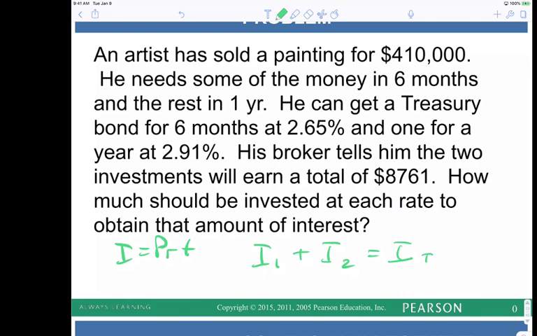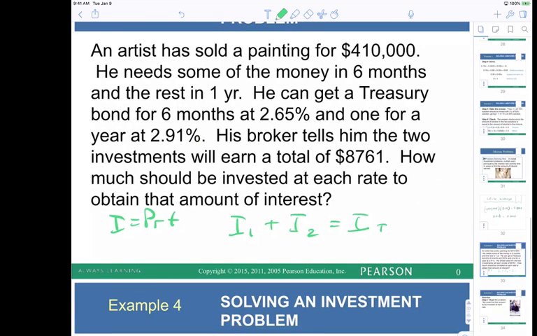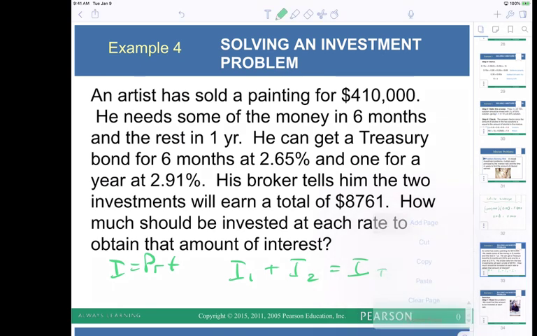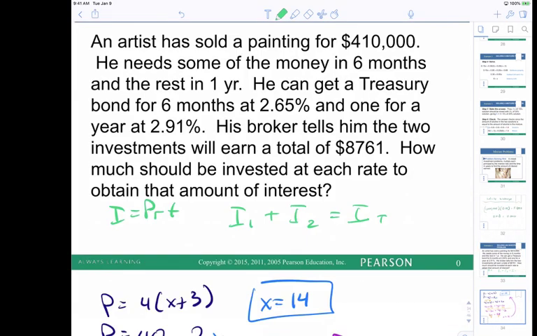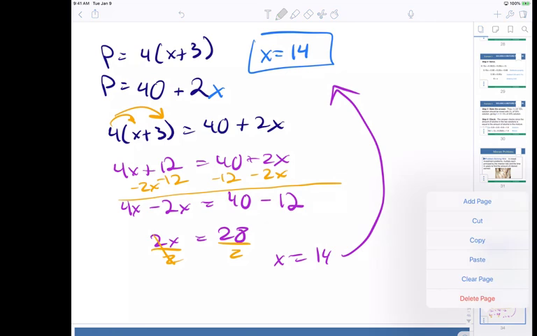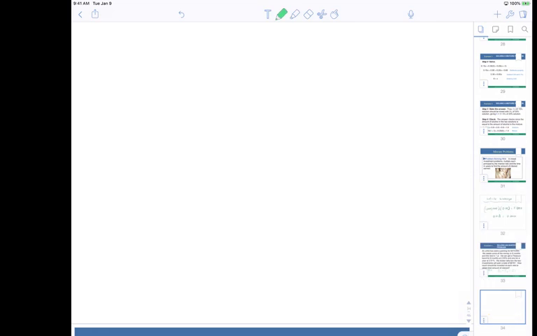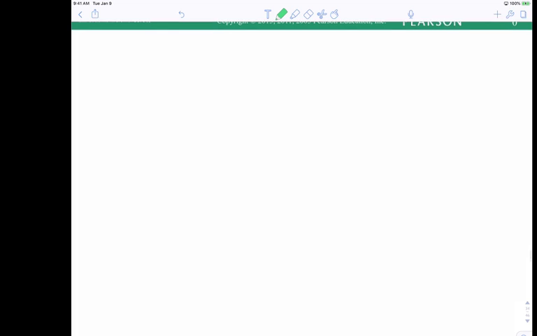I think I can do this the same way I did the last one. We're just saying we're doing simple interest on two separate accounts, right? So let's do this. Principal times the rate times the time is going to be our interest, right?